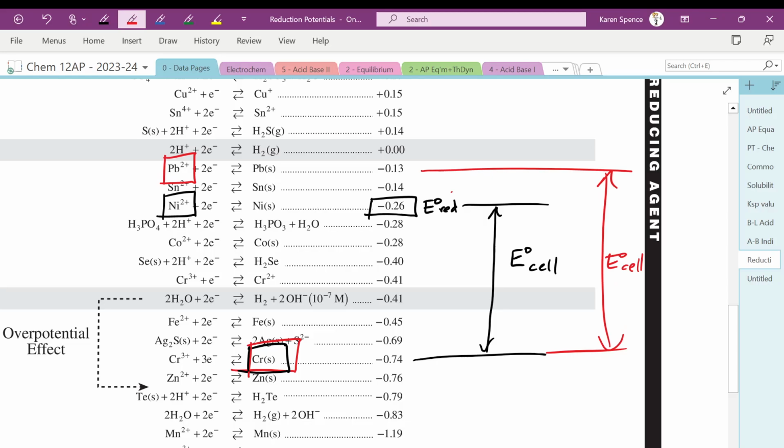We're calculating the difference between those two values. And if you look at this one, we're looking at the difference between negative 0.26 and negative 0.74. So you could just do a subtraction there, and that would give you the difference. I'm going to show you two formulas that you can use, or you can also logic your way through it. You can be like, oh, if I look on my chart, the difference between those two is going to be a subtraction. Yes?